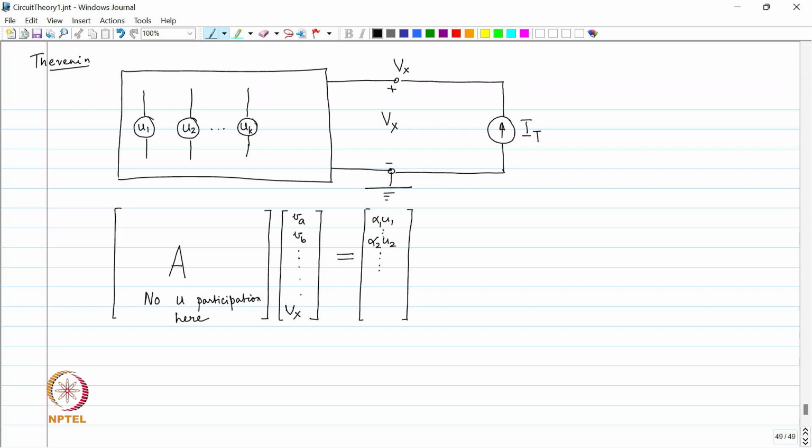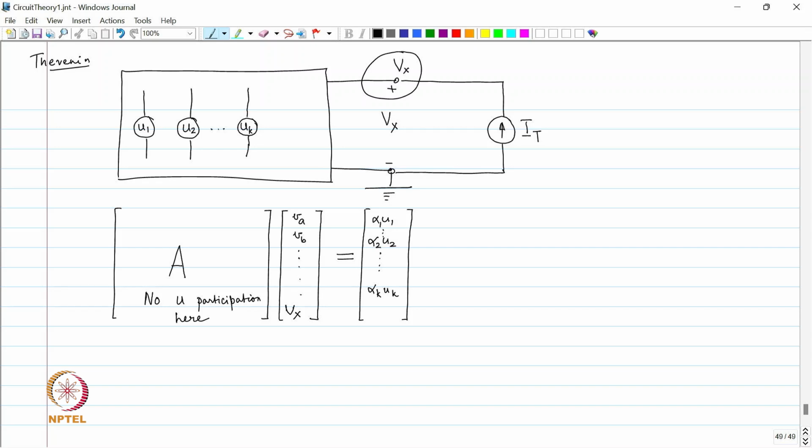Then there is one more source. So, all the way till the kth source you are going to have on the right hand side, but there is one more. Which one is that? IT. IT is also a source, right. Where is that going to participate? In the last KCL. Okay. The last KCL is the last row.